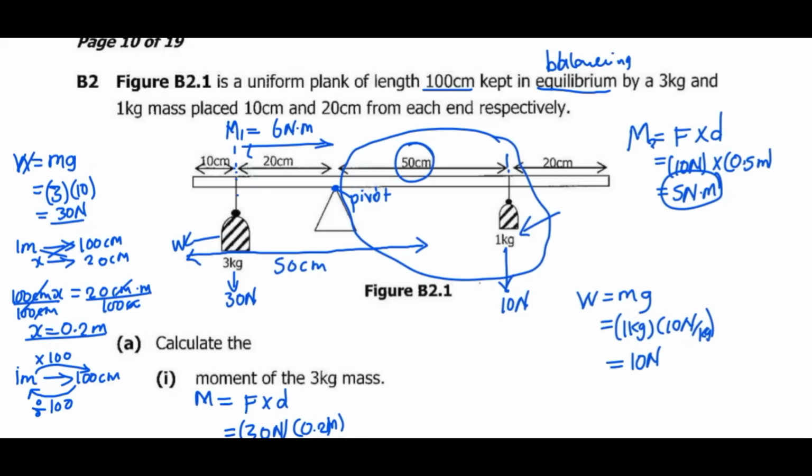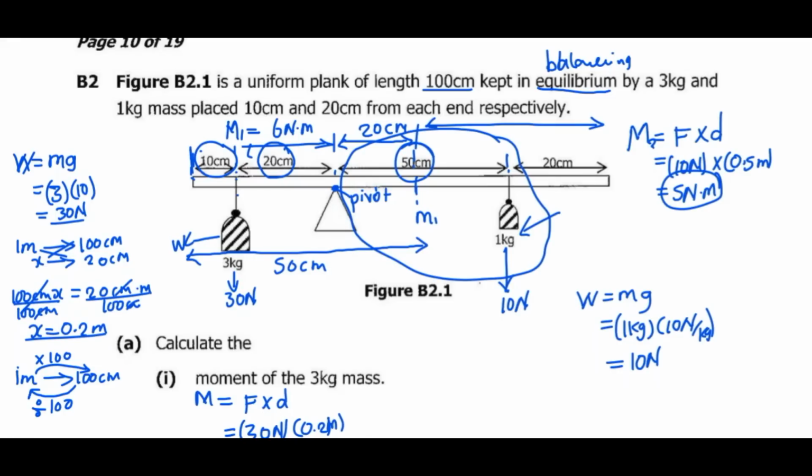Now remember, from where the plank is beginning up to here is 10 plus 20, which is 30. So from here to the point where the 50, which is half, will happen is just 20 centimeters. So we are trying to divide this plank into two equal halves. So there was another moment here.